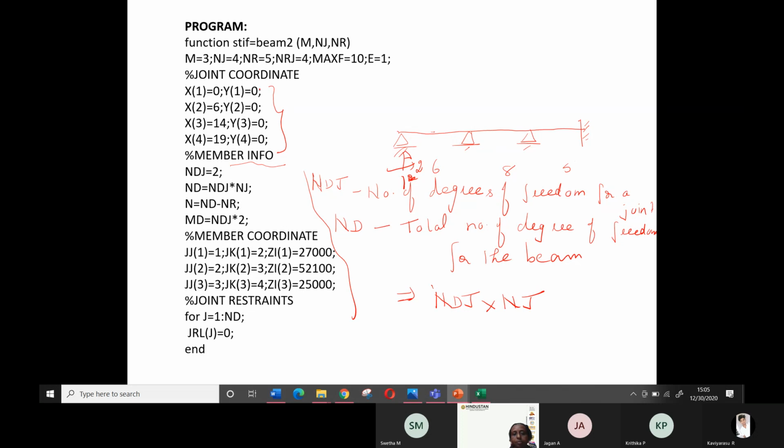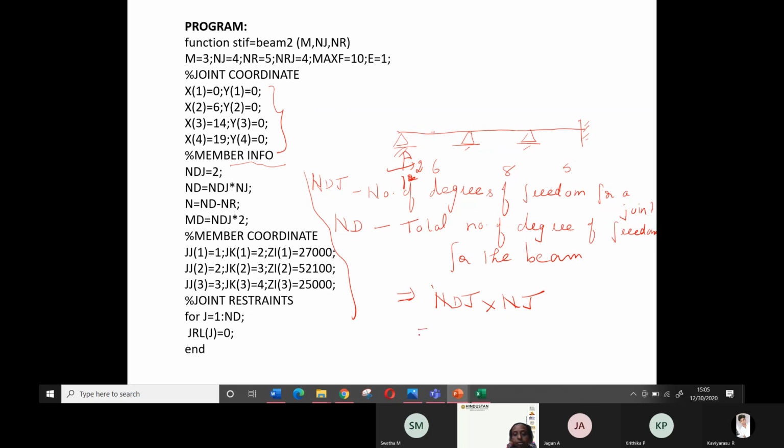Whenever you put the semicolon, the result will not be displayed in the workspace. If you remove the semicolon, then you can see the answer in the working window. That is NDJ into NJ.